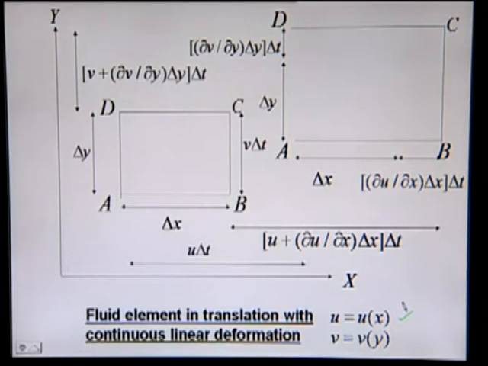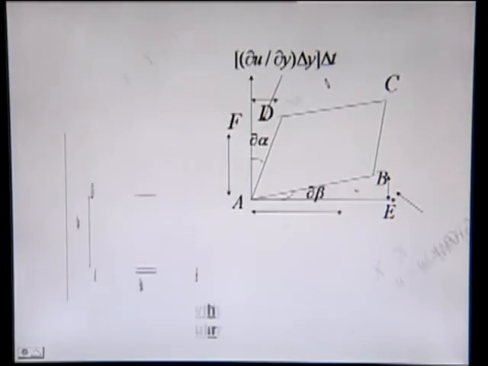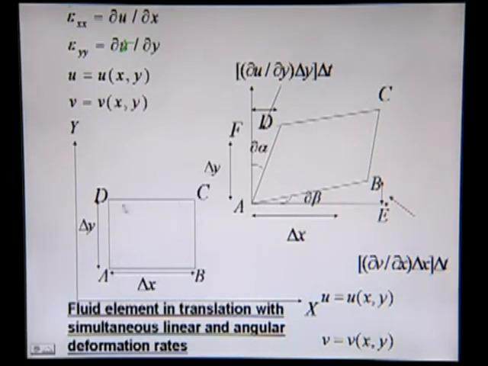This we discussed in the last class, and we found that we will have strain rate in x direction, designated by epsilon xx rate equal to del u over del x, and epsilon yy rate equal to del v over del y.